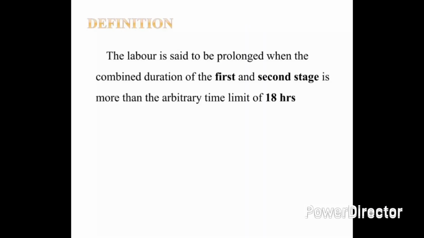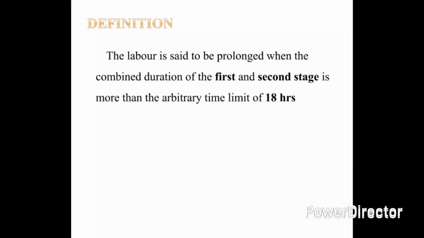Next, coming to the exact definition of prolonged labor. Labor is said to be prolonged when the combined duration of the first and second stage is more than the arbitrary time limit of 18 hours.